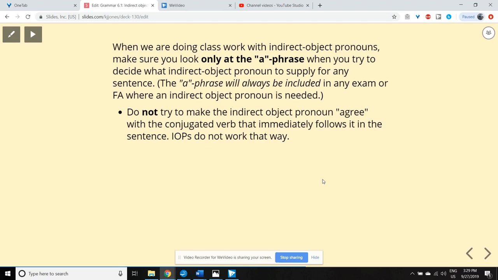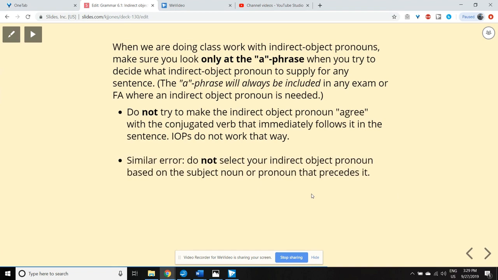The only thing that can control a verb's conjugation in Spanish is its subject, and that's a different part of speech. Similar error, please do not select your indirect object pronoun based on the subject, noun, or pronoun that precedes it. Don't do that. Again, there is no causal relationship between a subject noun and/or pronoun and the indirect object pronoun that follows it in syntactic order.